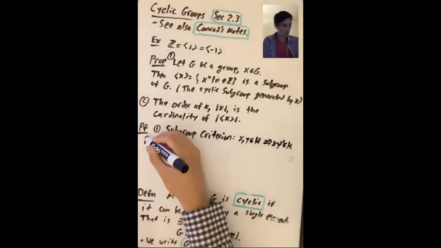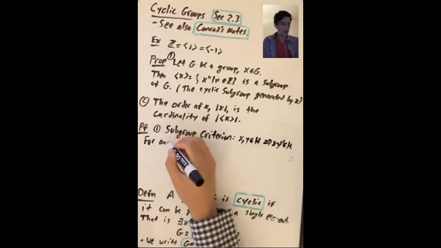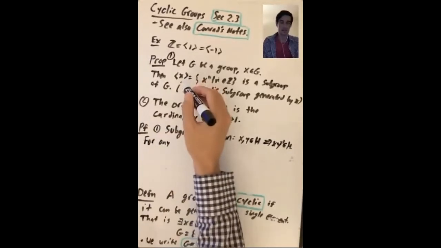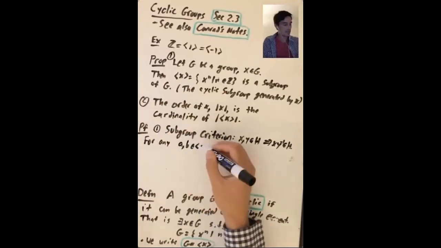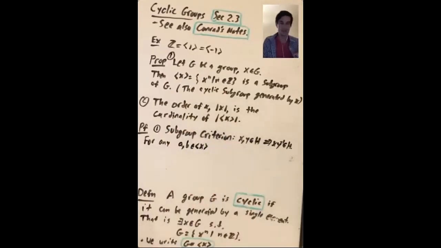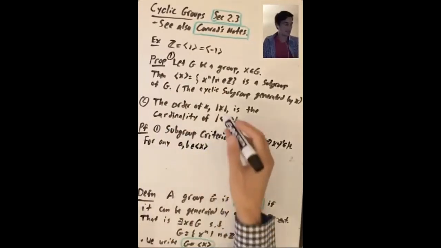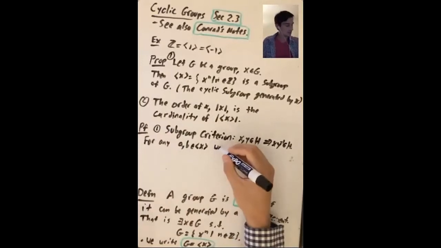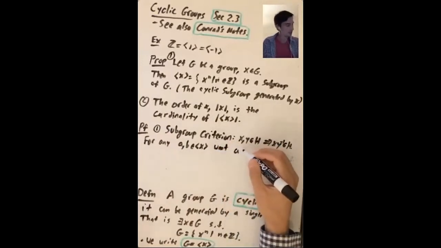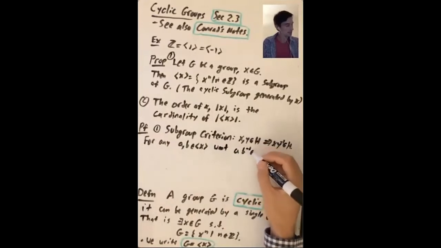Well, for any, I don't want to use x because I'm already using it for something else here, so let me say for any a, b in the cyclic subgroup generated by x, in this set here, we want to show that a times b inverse is also in this set.